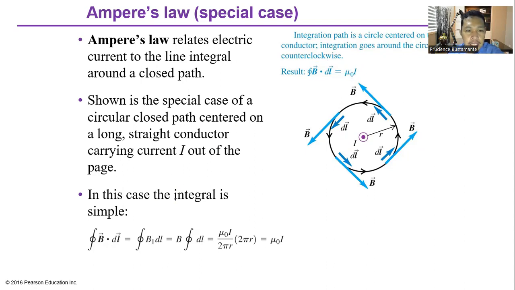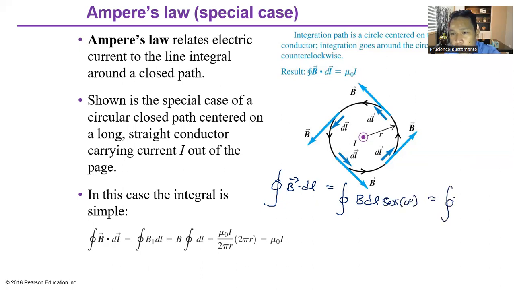In this simple case, the integral is simple. The closed integral of B dot dl: B and dl have the same direction, so we have B dl cosine of 0 degrees.